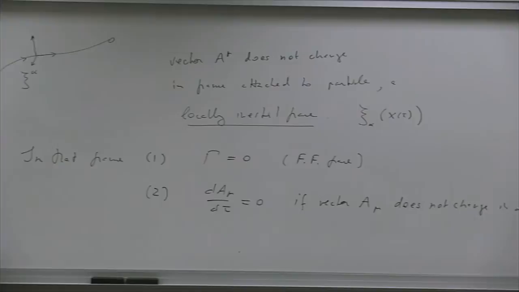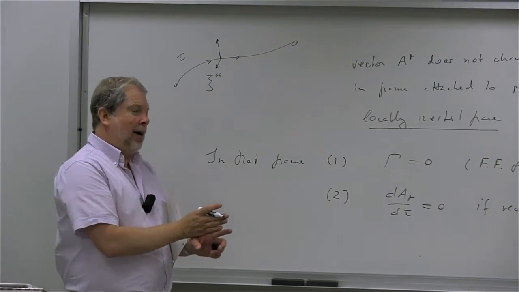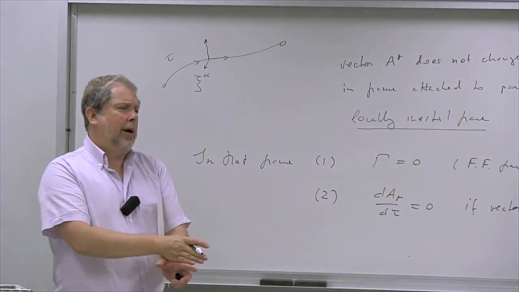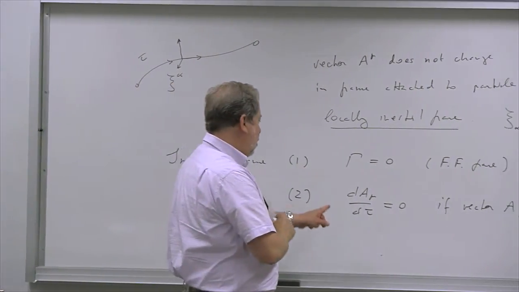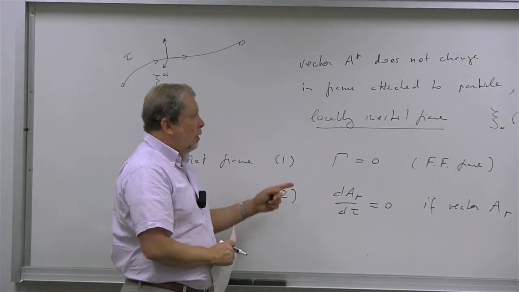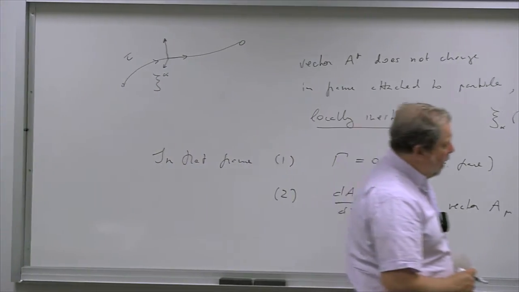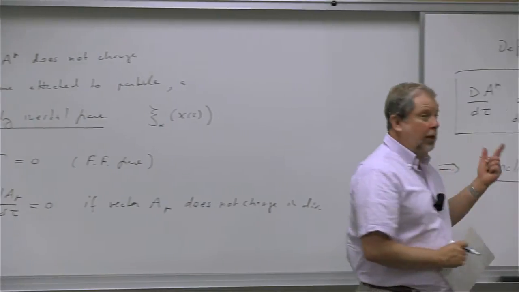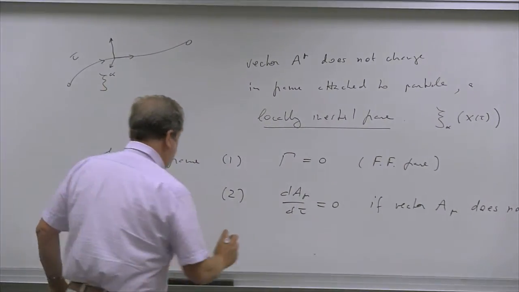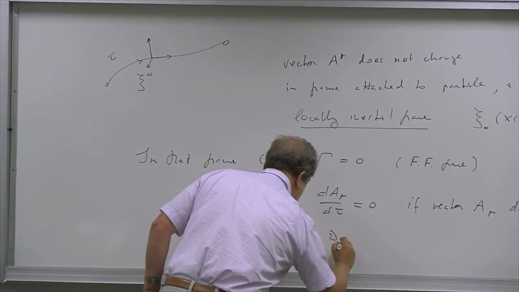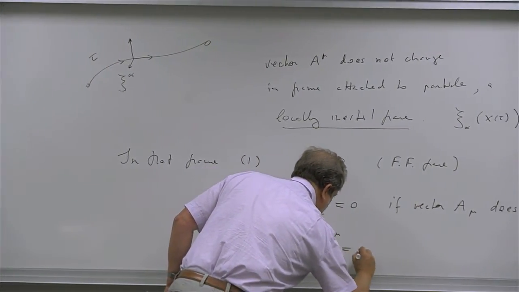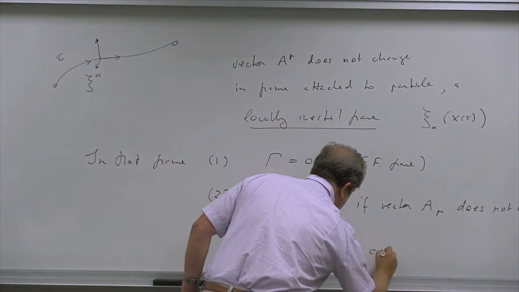So if you have a vector that is attached to the particle and that vector does not change direction as the particle is freely falling, then in that frame the derivative is 0. And because the equation for parallel transport along a path is written in terms of vectors and is a tensor, that implies that in fact the covariant derivative DA mu by d tau is equal to 0 in any frame.